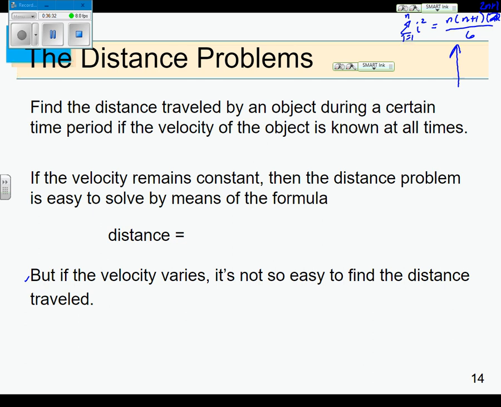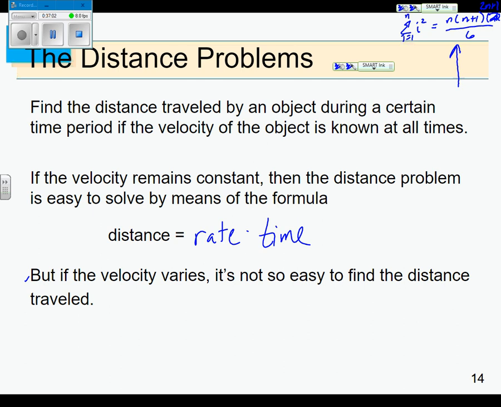If the velocity remains constant, then it's easy. It's like driving a car. I can find how far I go by just taking distance equals rate times time. If I want to know how far I've driven on my way to St. Louis, I just simply take, oh, well, I'm going 60 miles an hour, and I've been in the car for 2 hours so far, so I know I've gone 120 miles.